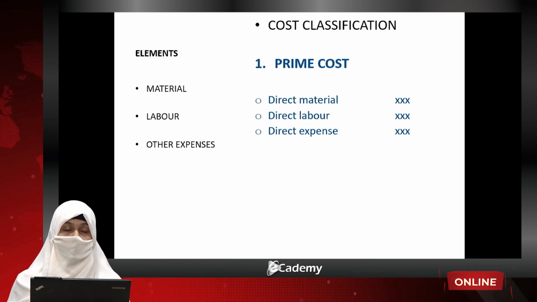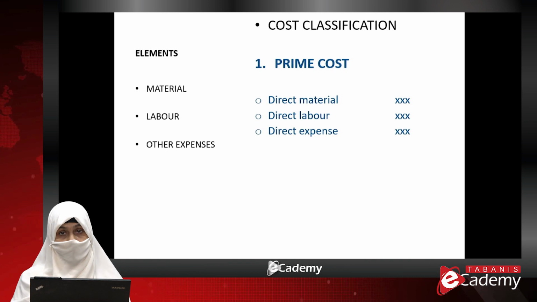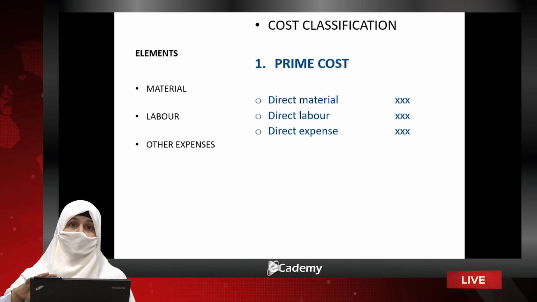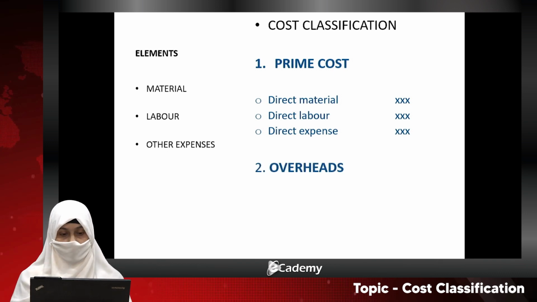In other words, the sum of all direct costs is prime cost. We will deal with each of them individually in order to understand what is direct material, direct labor, or direct expense. But one thing you have to remember is that when we add up all the direct costs, we get our prime cost. Prime cost is another name for direct cost as well.